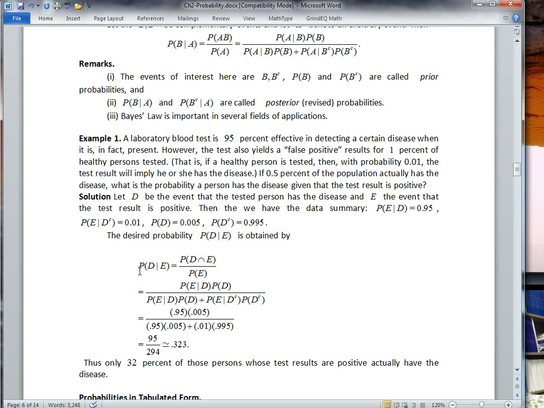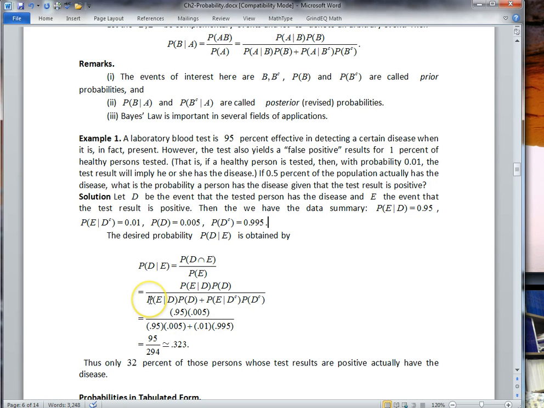If you look at this, P of D given E, basically, that's by definition what it is. We use Bayes' rule just with these events, and we substitute. We have all the pieces here. P of E given D is 0.95. P of D 0.005.